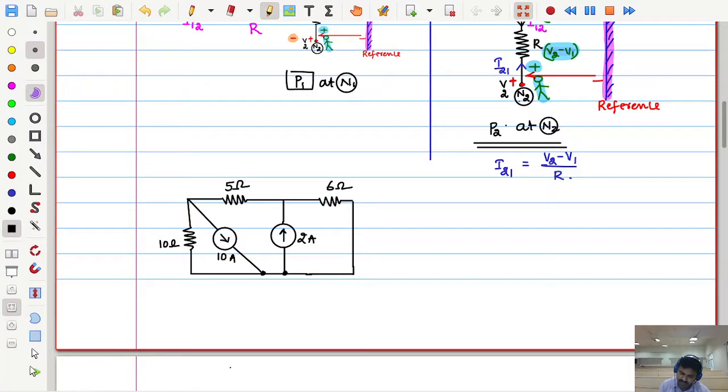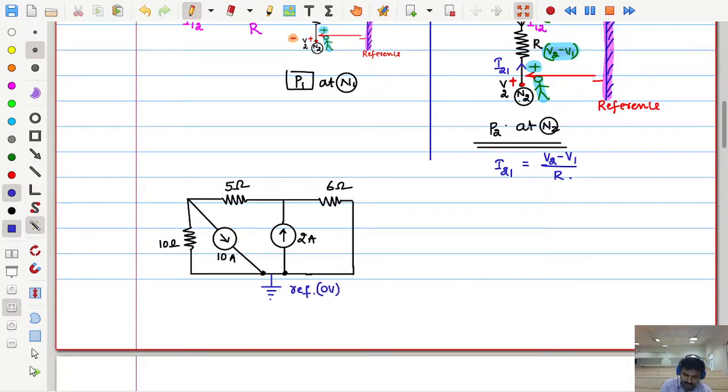Preferably you can choose the node where more elements are connected as the reference, but as of now, let us not think that much. Just put this kind of symbol at the bottom. It means that you have chosen this node as the reference, the ground. We know that its voltage is 0 volts.